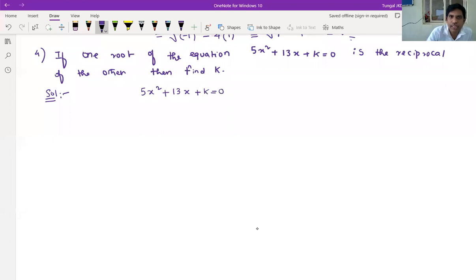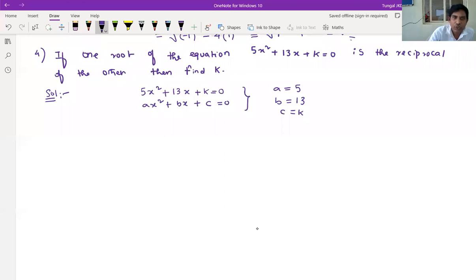It is in the form of ax square plus bx plus c is equal to 0. Just by comparing, what A value will we get? Nothing but 5. B value? 13. C value? Nothing but k. Correct now? A value 5, B value 13, C value k.